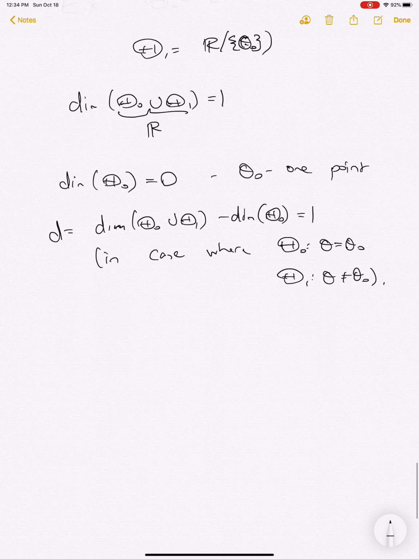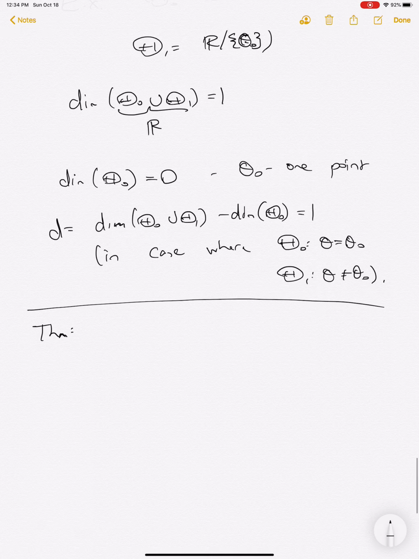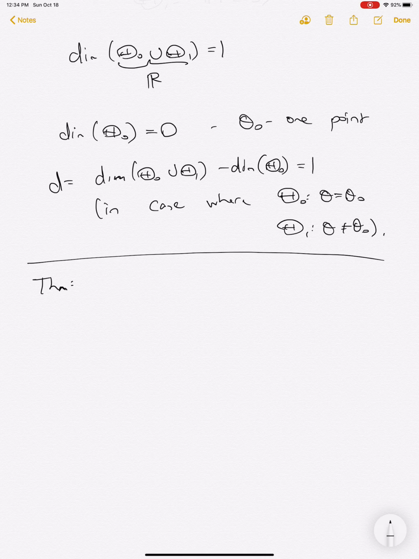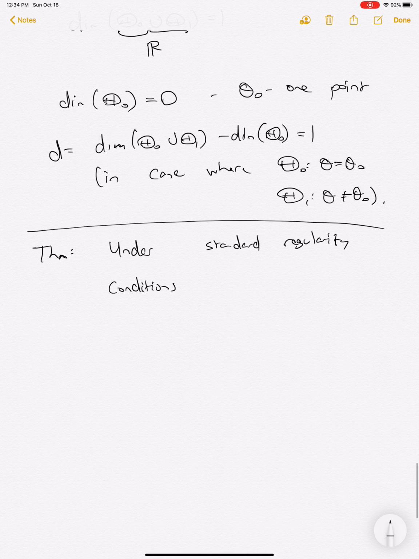Okay, so this is the next key result. We're not going to prove this, but we're going to see this in a couple of examples, under standard regularity conditions, and we're not going to verify these. For all the examples where you need to use this, this is going to be true.